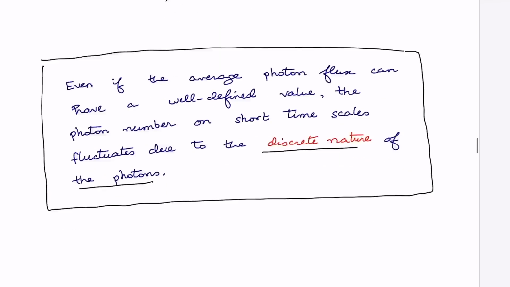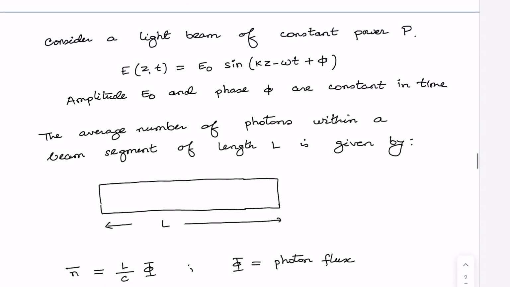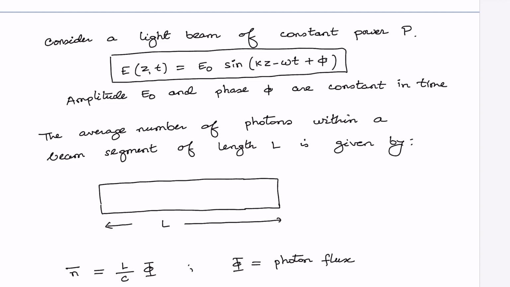Let us consider a light beam of constant power P, and its electric field is given by this expression. This electric field represents a monochromatic beam of light having amplitude E0, where its phase and amplitude E0 are constant in time.